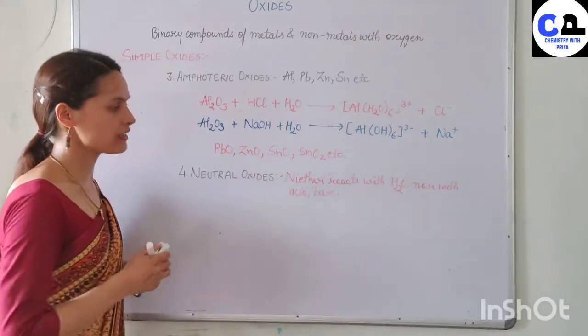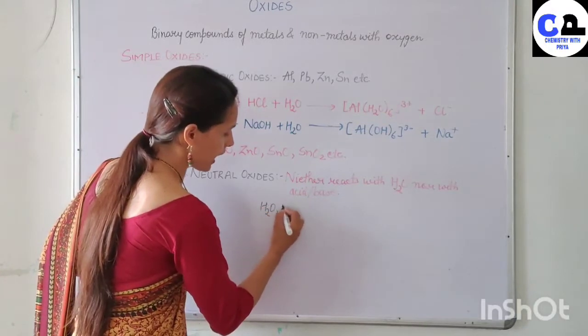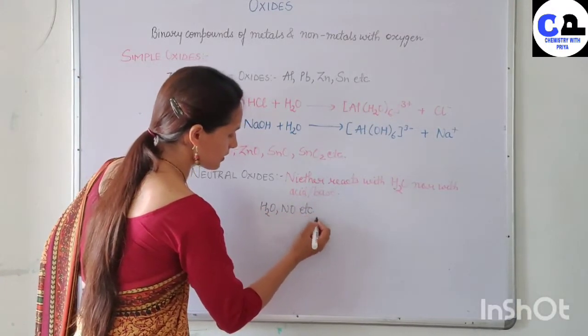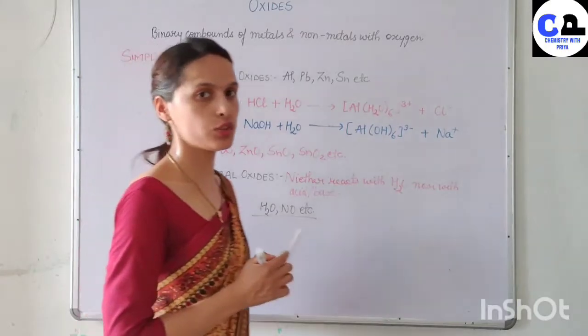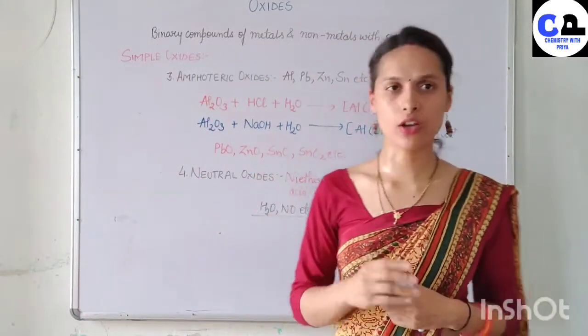These are known as neutral oxides. For example, H2O, NO, etc. So these are the examples of the neutral oxide, and these are the four categories of the simple oxide.